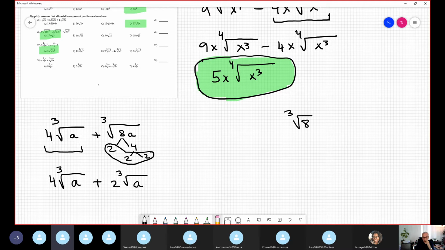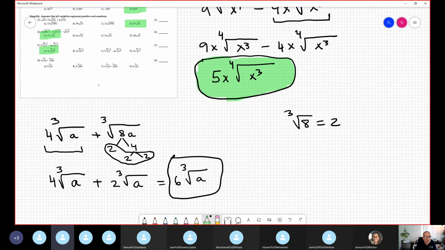Before, the cubic root of A is 2. It's no surprise. Now you add, it's 6. 4 plus 2 is 6 cubic root of A. It's the final answer. Let me check it out. Oh yes, it's this answer. Super. Any question, guys?